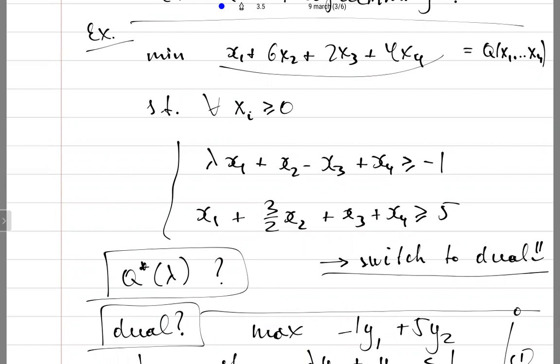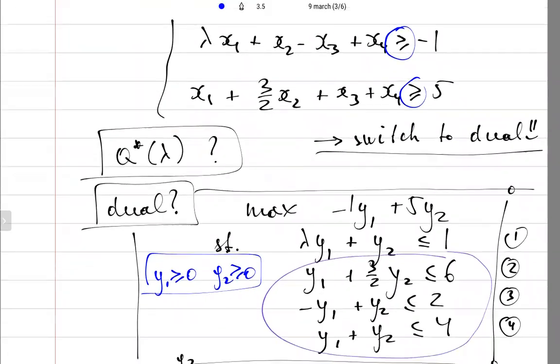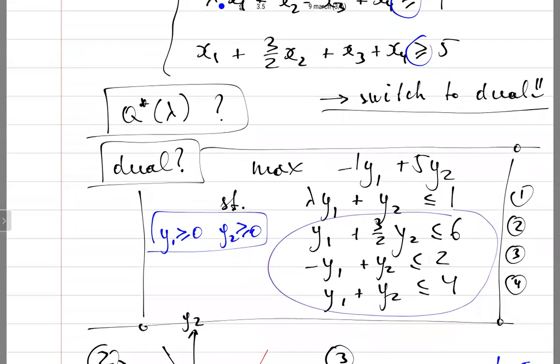So in that problem, it was minimization with constraints greater than 0. If we move -1 to the left-hand side, our inequalities look like greater than 0, and the problem is minimize something. If we consider the dual problem, if we move everything to the left-hand side, the inequalities are reversed.